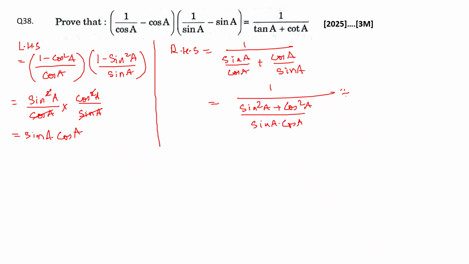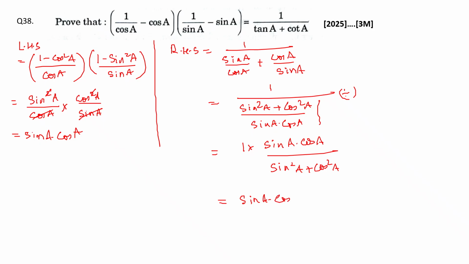Now this is your division. If you change division to multiplication, this will become the reciprocal. So it will be 1 into sin A into cos A by (sin square A plus cos square A). And sin square A plus cos square A is 1. So the answer will be sin A into cos A. So LHS and RHS both are same. So it is proved.